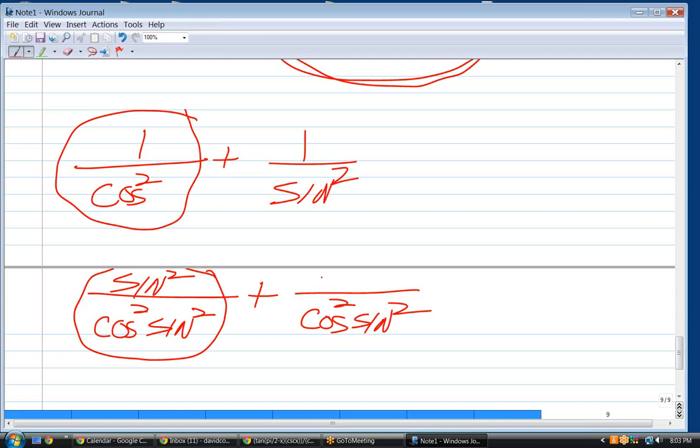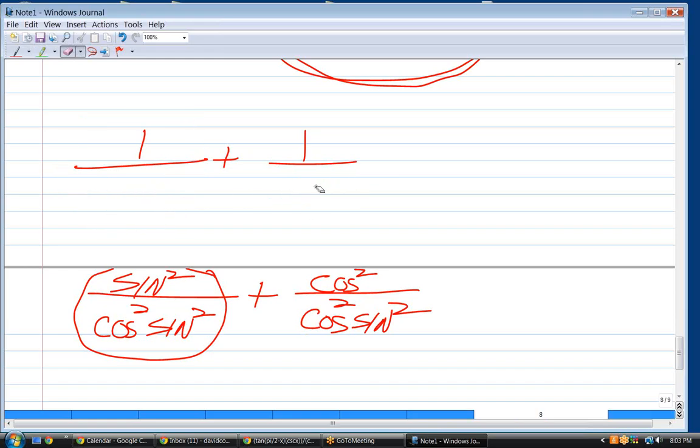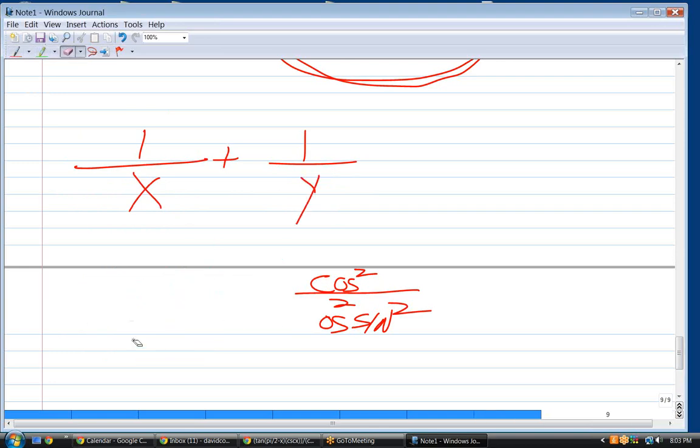Yeah. Okay, and then on the right side, I've got to put a cosine squared in the numerator. And that's the same as 1 over sine squared. So it's really no different than if I was adding 1 over x and 1 over y. Notice how I would do it.